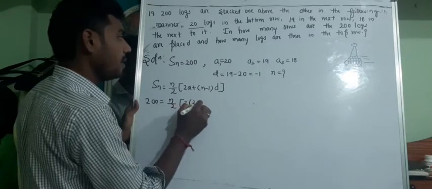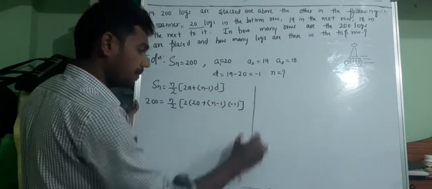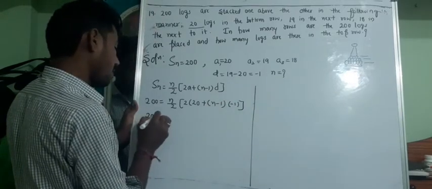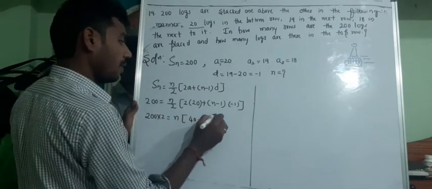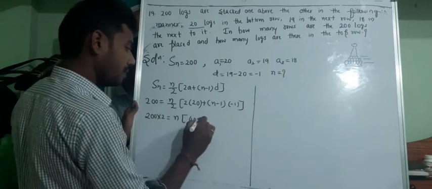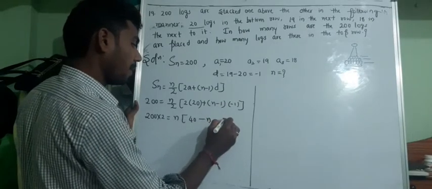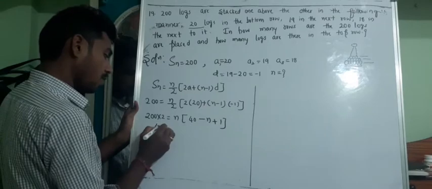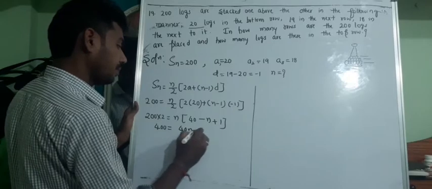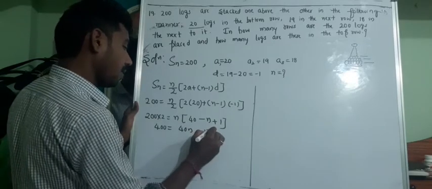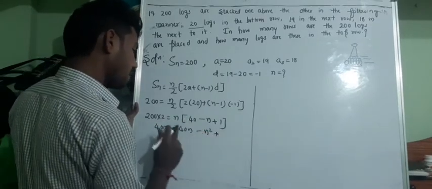2 into what is a? 20 plus n, I need to calculate. d is minus 1. Fine. So 200 into 2, n into 2 into 20 is 40, minus into plus minus, n minus into minus plus 1. 200 into 2, 400 is equal to 40n minus n square, 40n minus n square plus n.